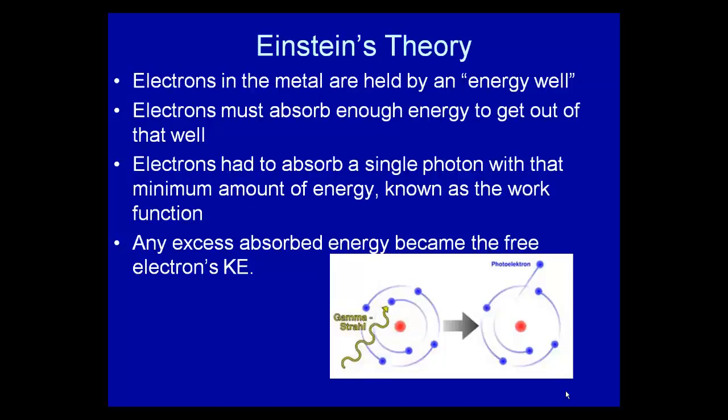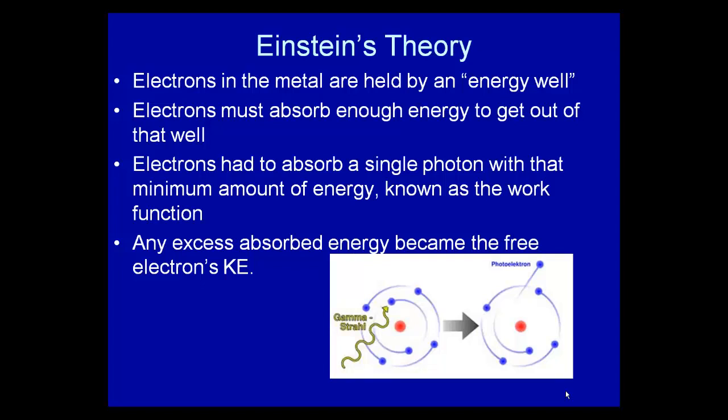Now, Einstein's theory on the photoelectric effect, to solve it, and these are some of the drawings that he did, obviously with added color and all that stuff. He said the electrons in the metal are held by essentially an energy well, like a dip that kept the electrons in place. So the electron must absorb enough energy to get out of that dip.